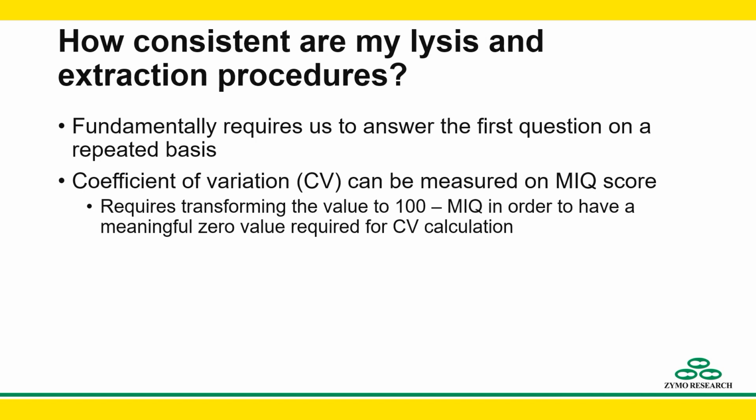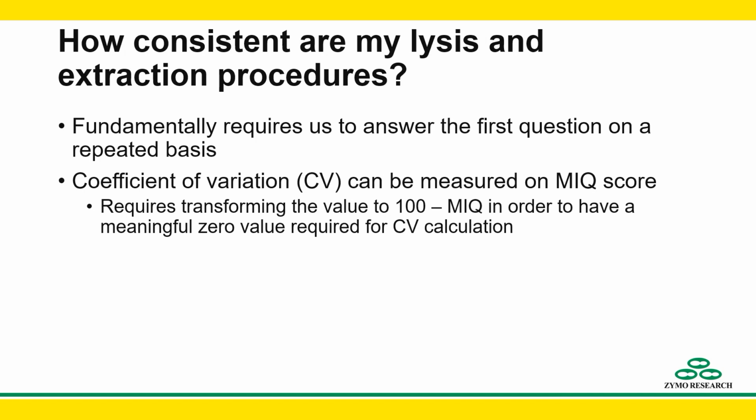However, while I won't get into the hardcore statistics of it, measuring a coefficient of variation requires that a value of 0 means something. The MicScore value of 0 is actually not what would be considered a statistically meaningful 0. However, the MicScore of 100, which is essentially a perfect score, is statistically meaningful because that's actually making an assertion of 0 error that can't be accounted for by manufacturing tolerance.